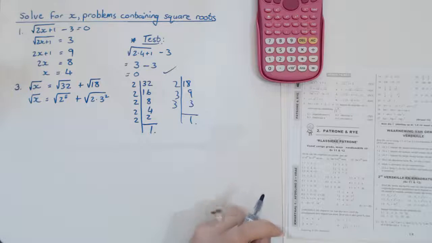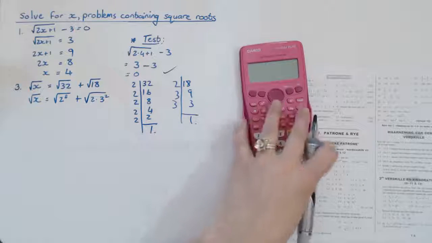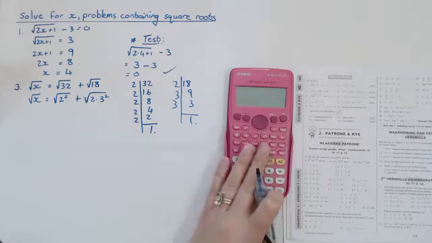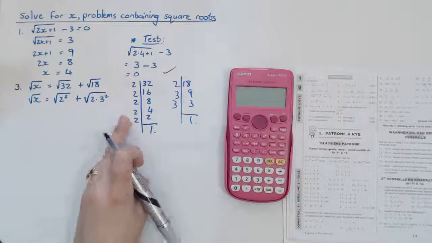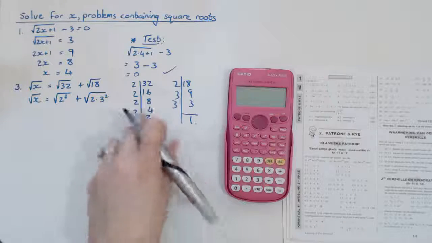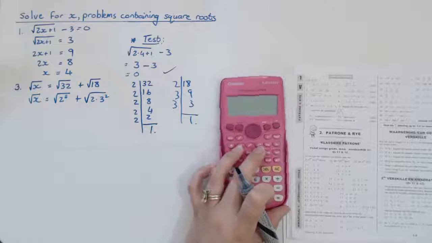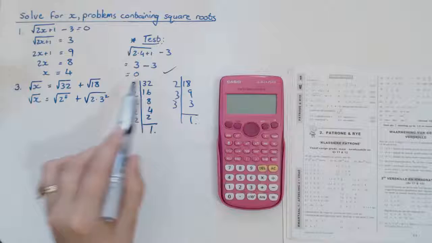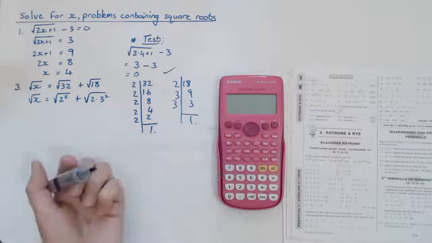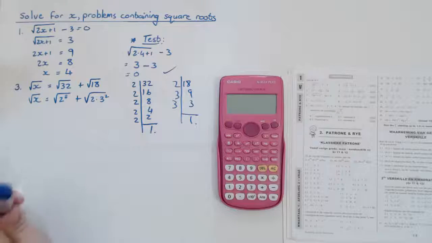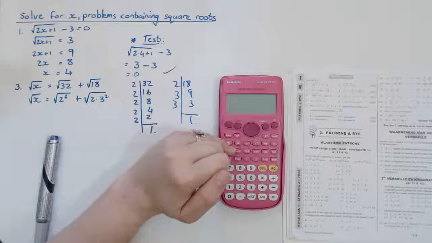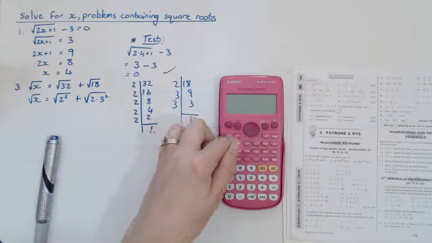Now, if you have this specific Casio FX82 model, this model can do this. Then you don't need to do it by hand like I did here. If you have any other calculator, unfortunately, you have to do it like how I did it here, right? But if you have this calculator, let me just quickly show you. There, above that button, it says fact, on the calculator itself.